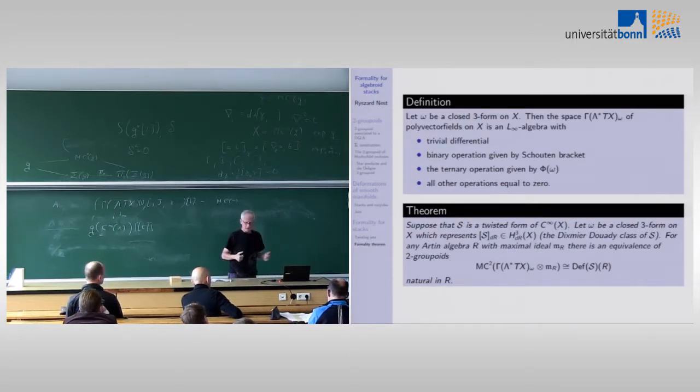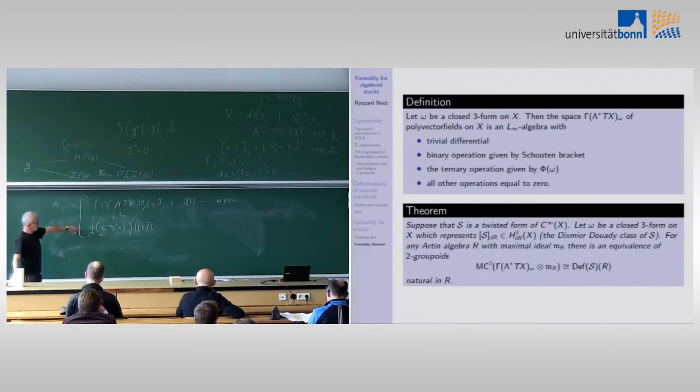Well, it's a DGLA, it controls deformations. Unfortunately, in distinction to this nice picture of Kontsevich, we got an analog of this one, but a somehow twisted version. But still a DGLA. Okay?